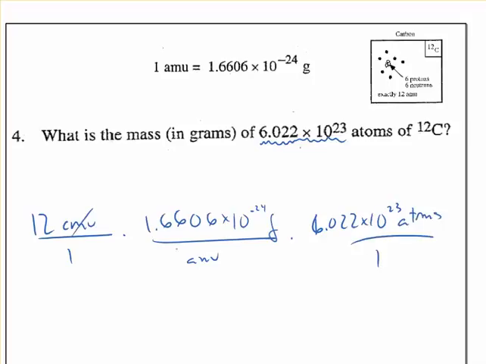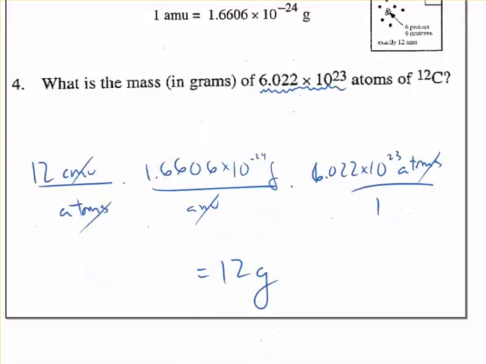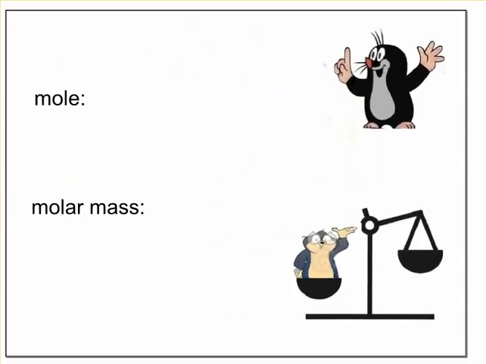When I do that out, I find that comes out to exactly 12 grams. And that is interesting. Turns out we define that number as a mole: 6.022 times 10 to the 23rd things.